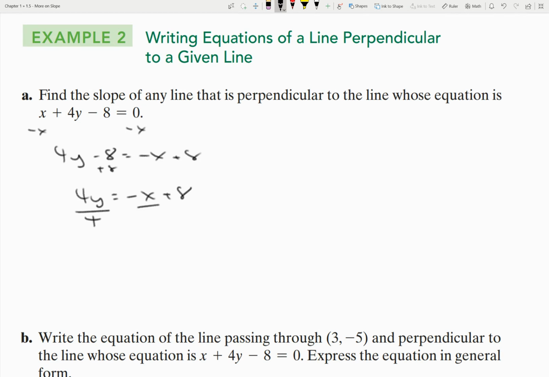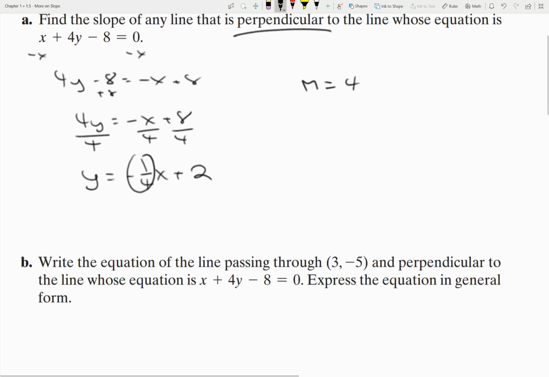And then I'm going to divide everything by 4 to give me y equals -1/4 x plus 2. So that means my new slope of a line that's perpendicular is going to be the negative reciprocal. That's negative, so negative and negative is a positive. And instead of 1 over 4, I just put 4 over 1, which is just 4.